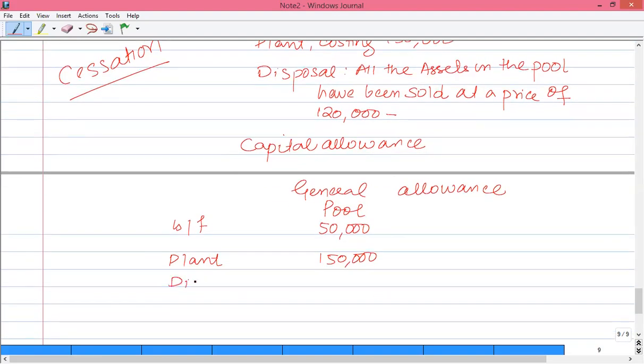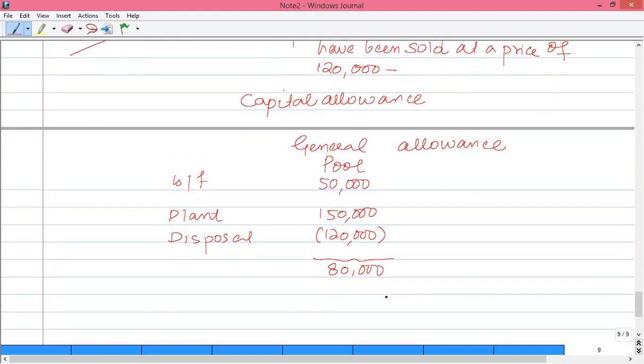And we have a disposal of 1,20,000. So after addition and disposal, the value that is left over is 80,000. Now in a normal situation, we would calculate WDA of 18%, but in this case, as it's a positive balance, this is to be claimed as a balancing allowance.